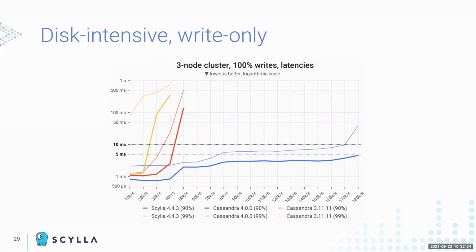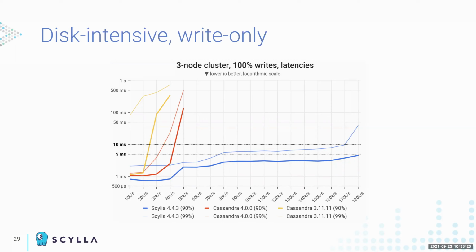So here the throughput difference between Scylla and Cassandra becomes even greater than in the Gaussian workload. As you can see, Scylla can achieve about 180,000 operations per second versus 50,000 operations of Cassandra 4, which is about 3.5 times the difference.